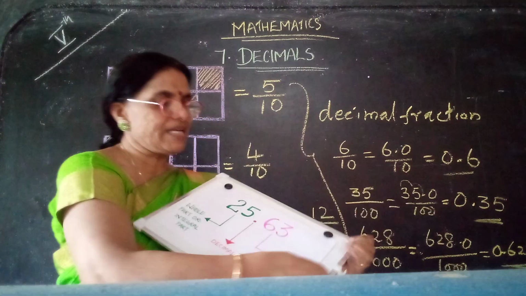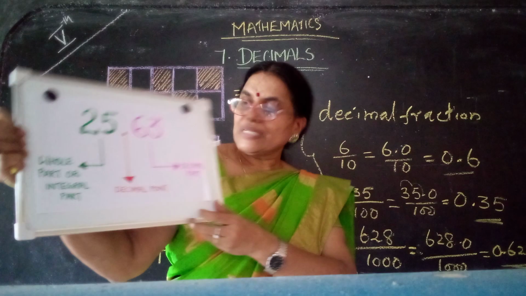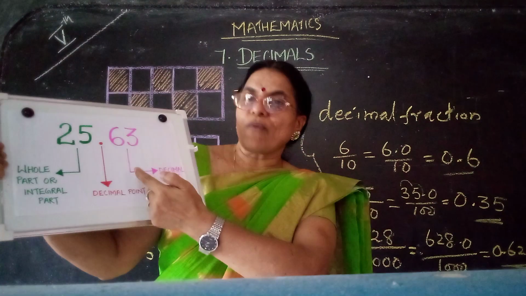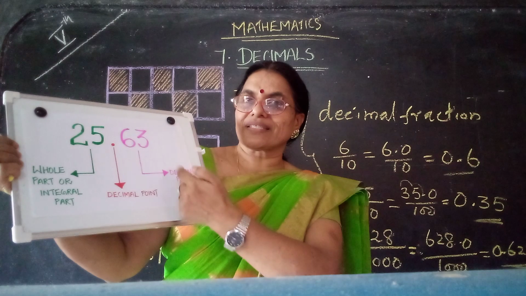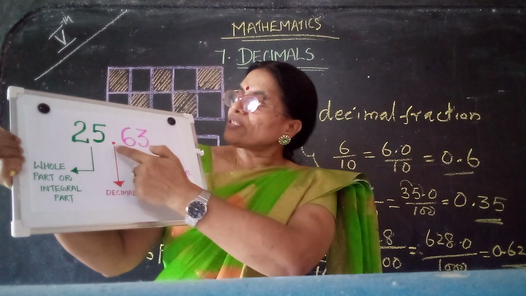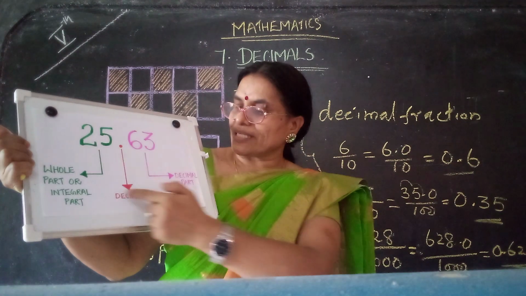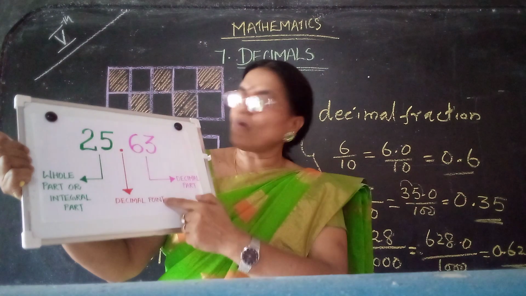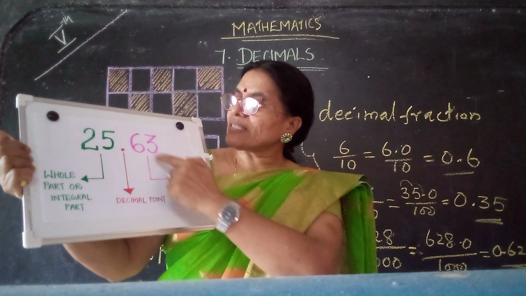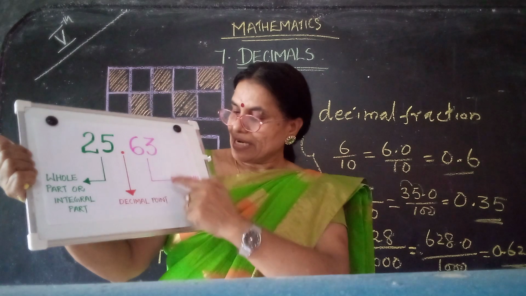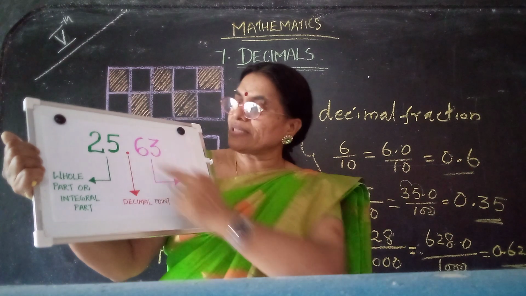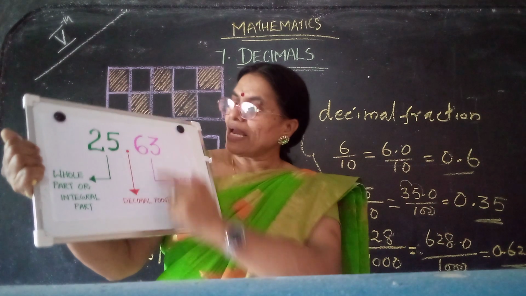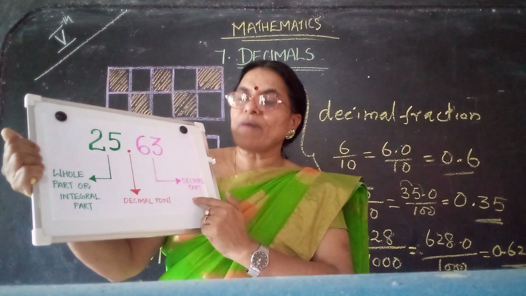Okay, see here some more examples. See here children, how can you read this number? 25.63. This dot is called decimal point. And this 63 is called decimal part.